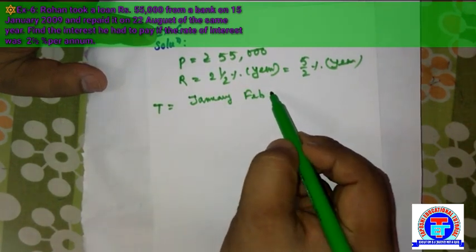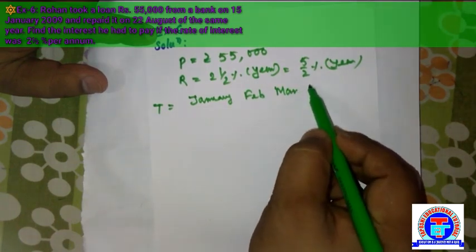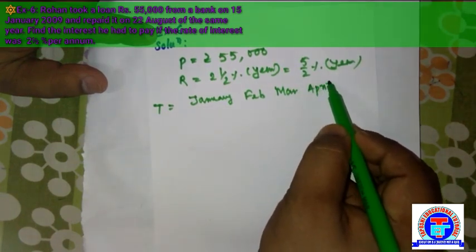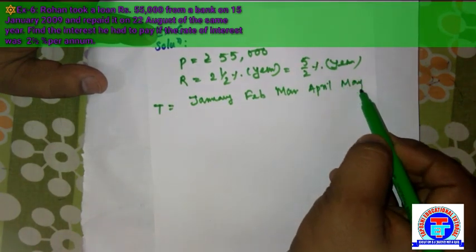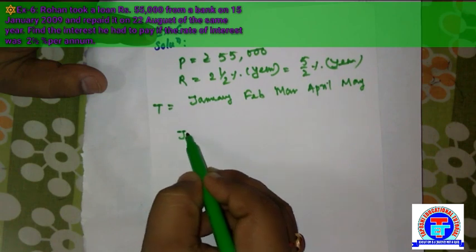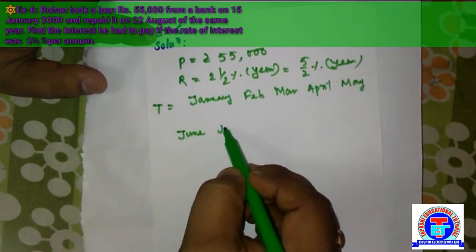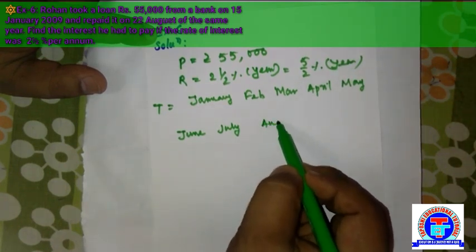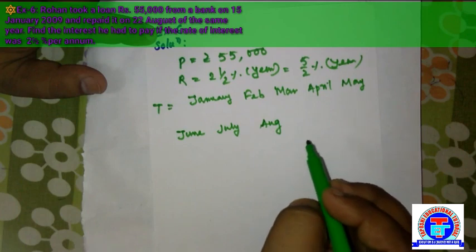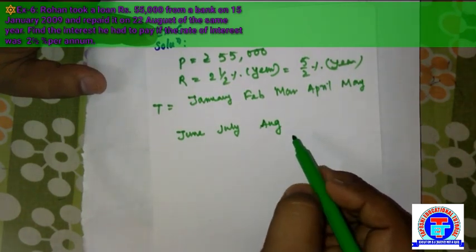Now time, here we calculate time T is equal to, here January, February, March, April, May, June, July, and up to August, right? Okay, 2009.